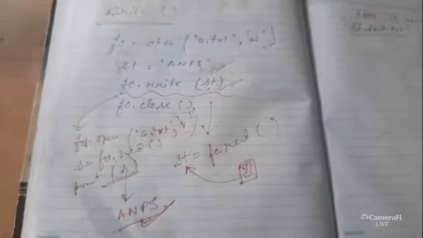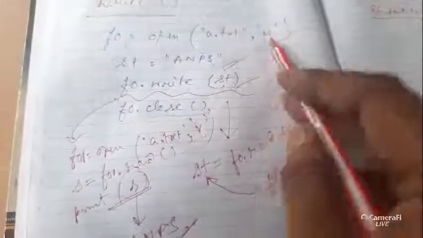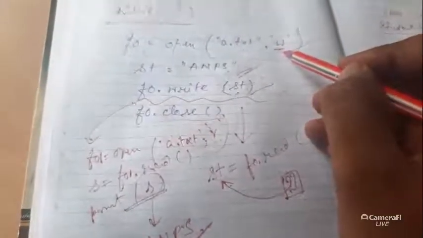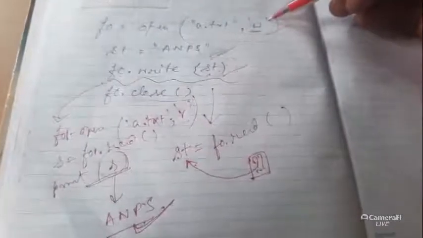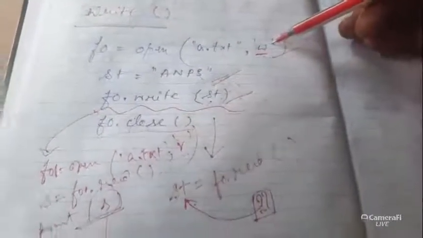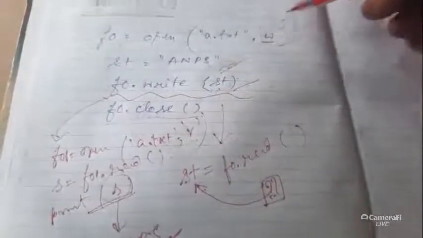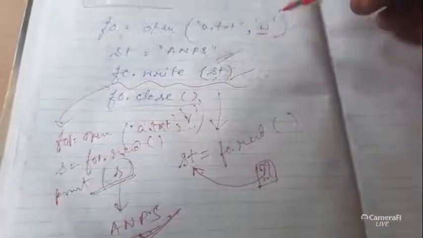We are discussing the write function. When we use it, we mention the W mode, writing mode. What is the meaning of write mode? If we open a file in write mode, and the file is present in memory and does not contain any data, there is no harm. But if it contains some data, it will be truncated.